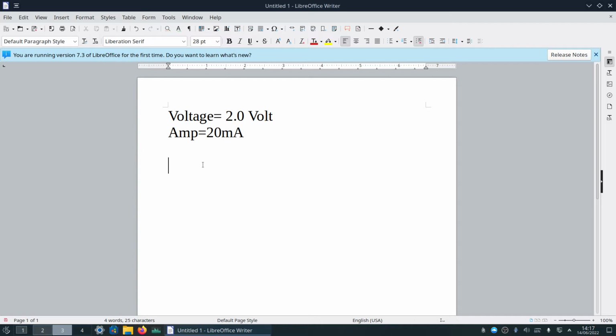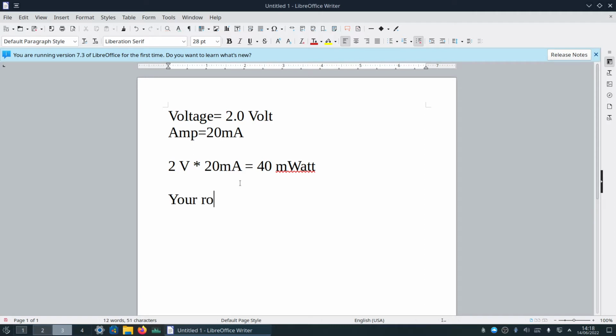Now, we want to calculate how much power this consumes. We calculate it as follows: 2 volts times 20 milliamp equals 2 times 20, 40 milliwatt.